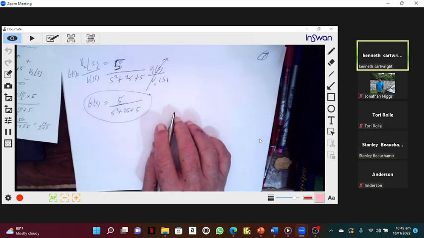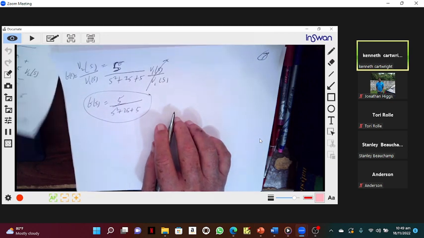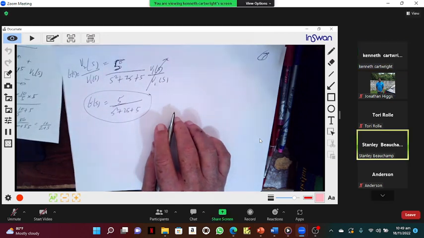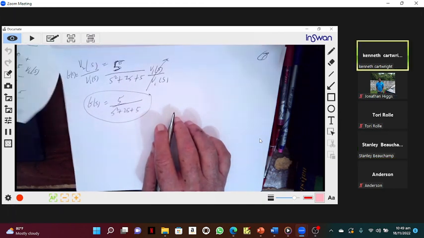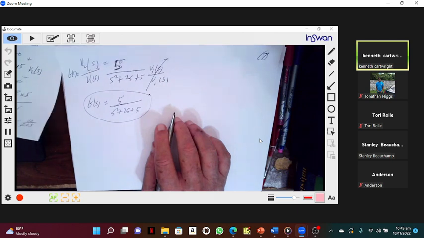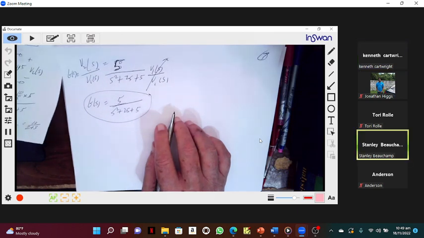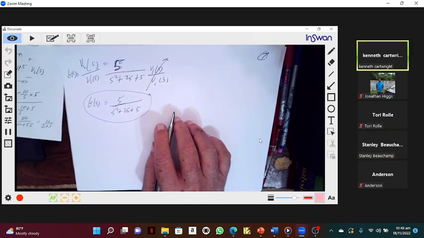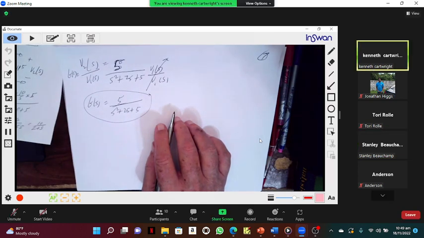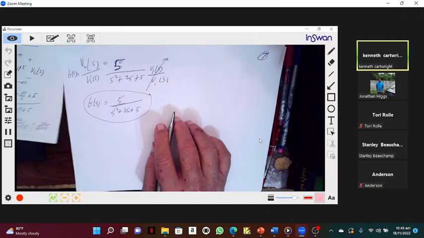I honestly can't understand why y'all have trouble identifying the order. What is the highest power of S? Second order, low pass filter. How do you know it's low pass filter? No, actually, it is second order, but I don't know how you knew that. You were just guessing it. But it is second order low pass filter.